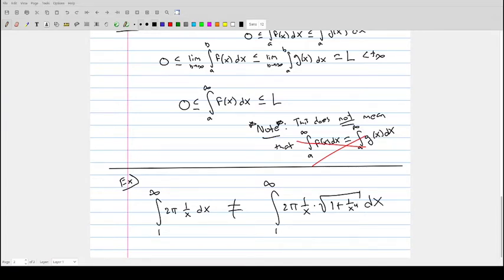These are not the same thing, but from the direct comparison test, we do have that the divergence of this integral implies the divergence of this integral, because the function 2 pi times 1 over x is always positive on this interval, and it's always less than or equal to 2 pi times 1 over x times the square root of 1 plus 1 over x to the 4th.